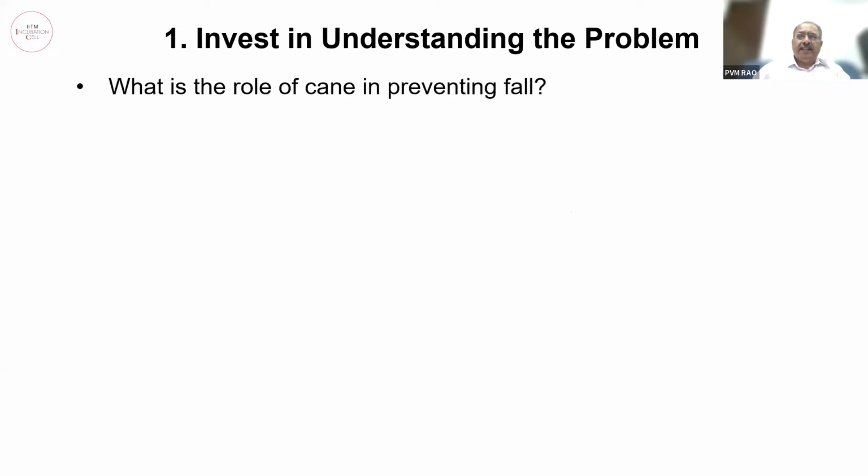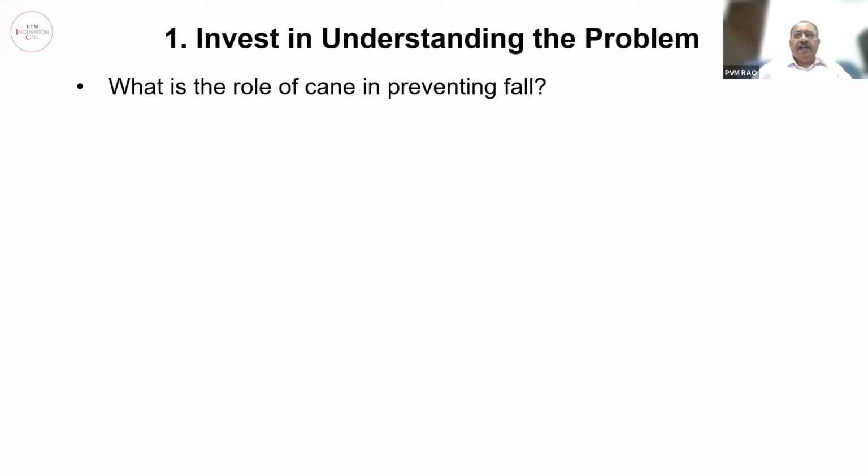The more I study these questions, the more I have data, the more I have this information and knowledge, there is a very high probability that I'll come up with a better solution than without this research.